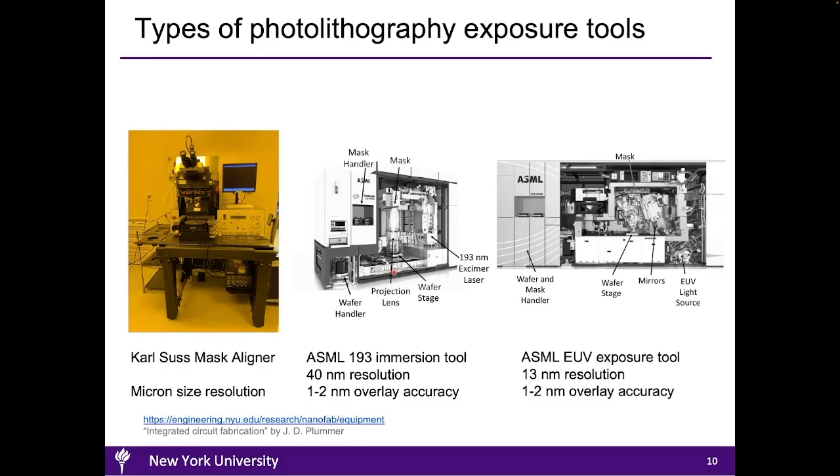This system can print features as small as 40 nanometers with 1 to 2 nanometer overlay accuracy. Finally, the image on the right shows an ASML EUV system capable of printing features as small as 13 nanometers. These two systems use advanced optical systems for printing nanoscale features and are used in commercial manufacturing of silicon microchips.